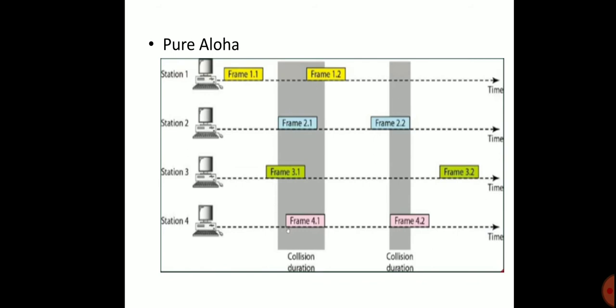Station 2 is allocated another time cycle in comparison with station 1. So every station sends the data, delivers the data, or says, transmits the data, in different timing pulses. So in this methodology of pure ALOHA, to detect the collision, there is a collision avoidance and fault tolerance methodology.